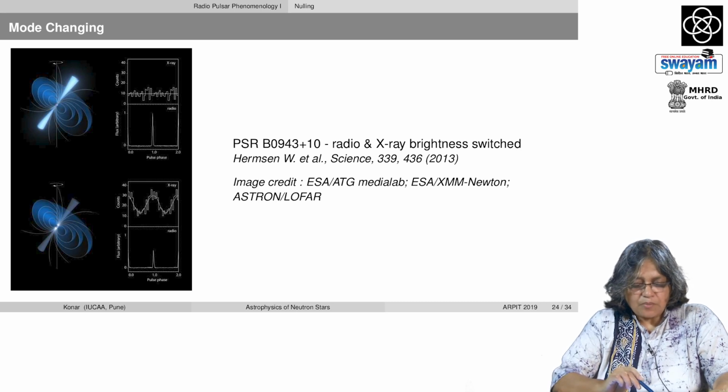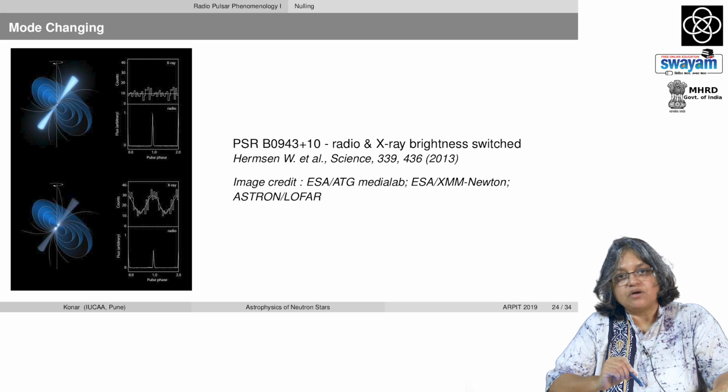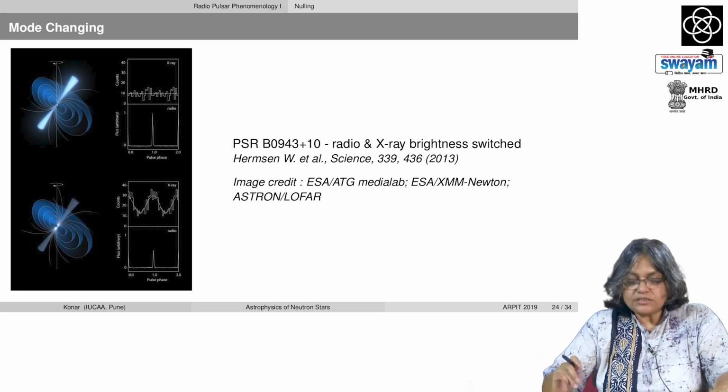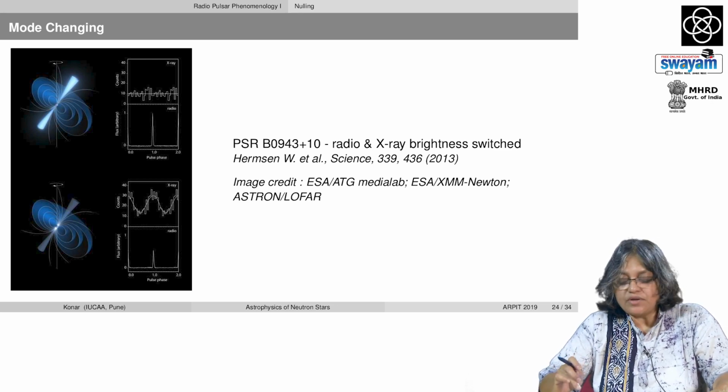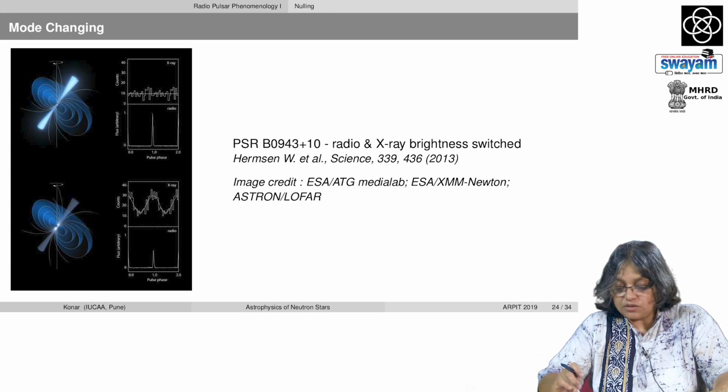So, here in this top picture, this is when the radio luminosity is high, you see the radio profile very strong and the X-ray profile very weak, and in the different mode the X-ray profile is strong and the radio profile has become weak. So, this is also a phenomenon which is associated with nulling.